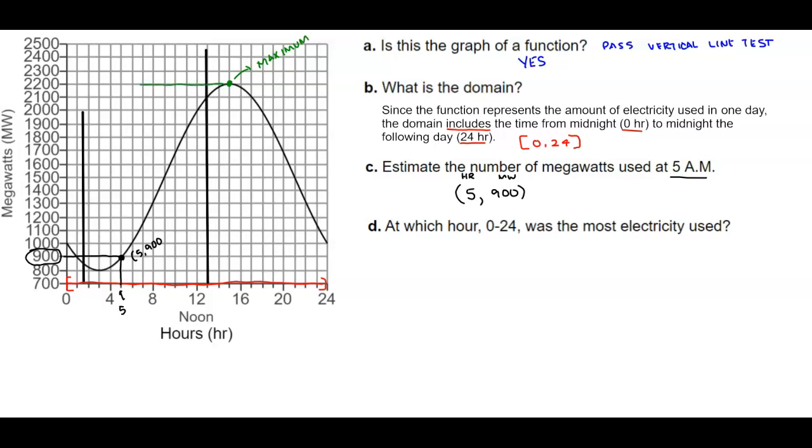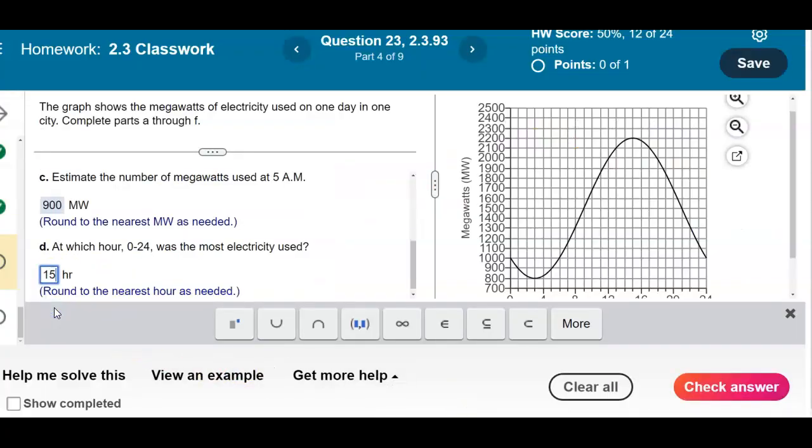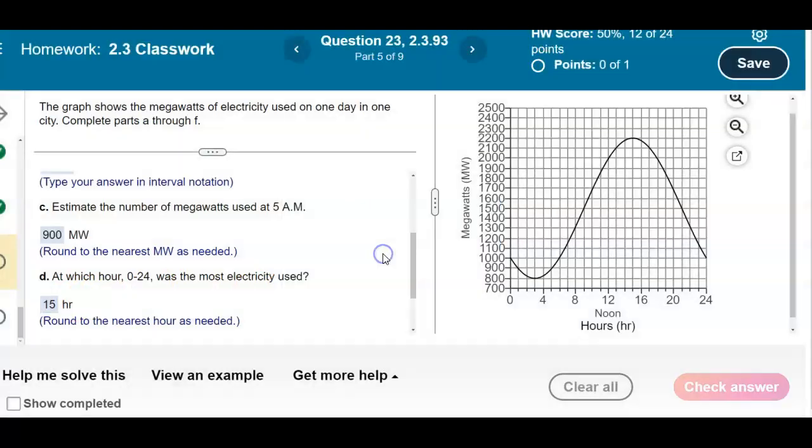You can see here that it was 2200 megawatts, and at what time was it? Well, it was at the 15th, so this is 12, 13, 14, it's the 15th hour. So at which hour was the most electricity used? Well, it was the 15th hour. Let's go ahead and put our answer here. So it was the 15th, and there is our result.